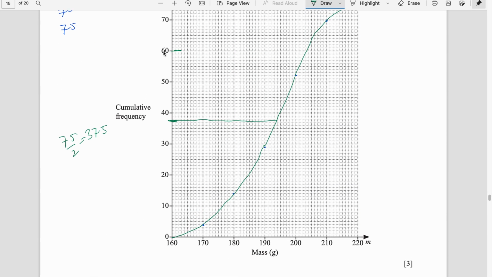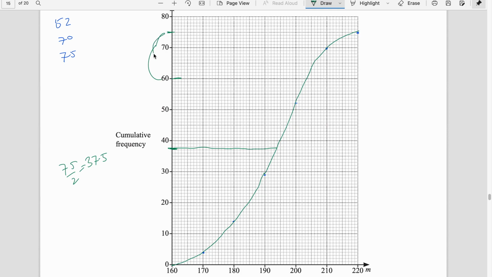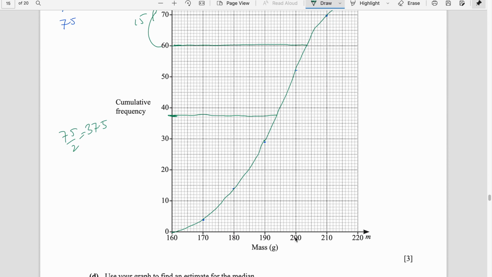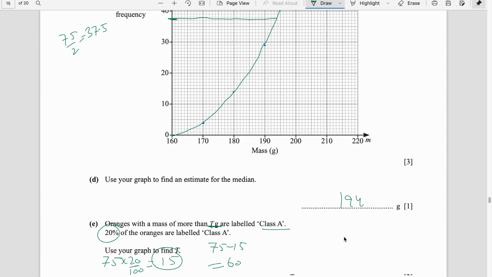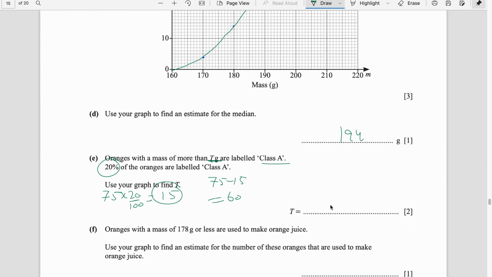So 60 above these are class A. These 15 are class A. So what is the mass of class A? It hits here around 3.5th block. So 201, 2, 3 and 5. So 203.5 grams.